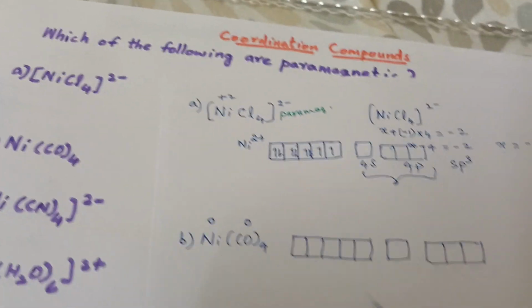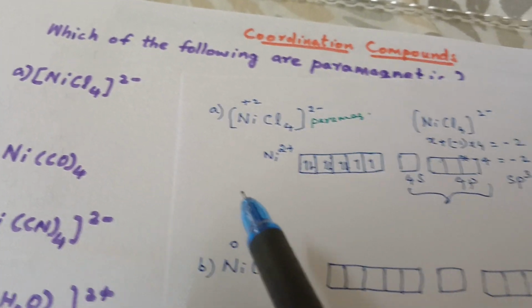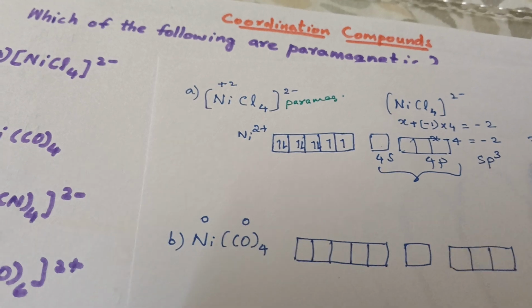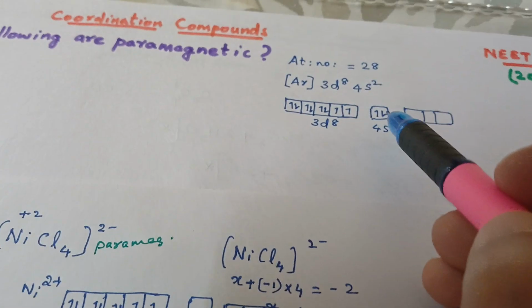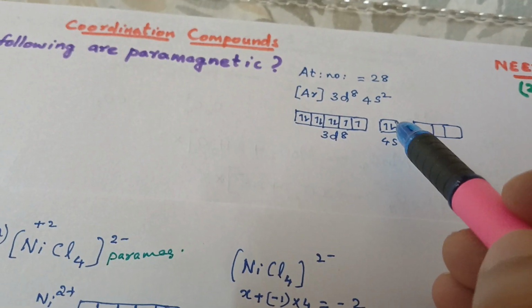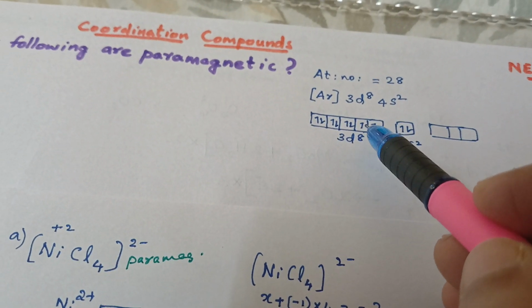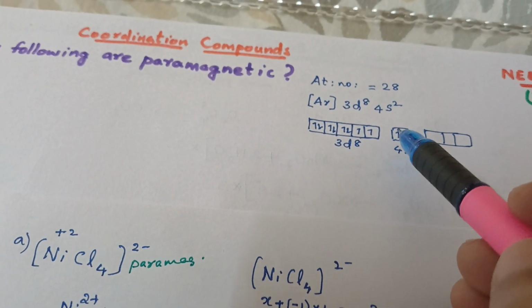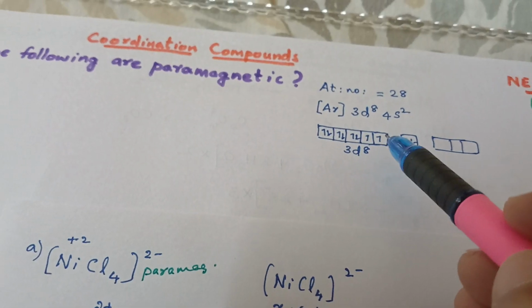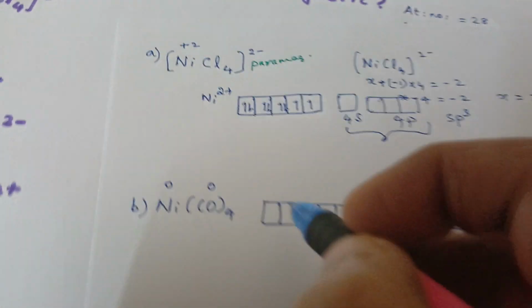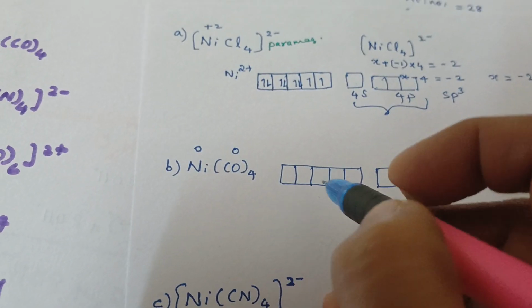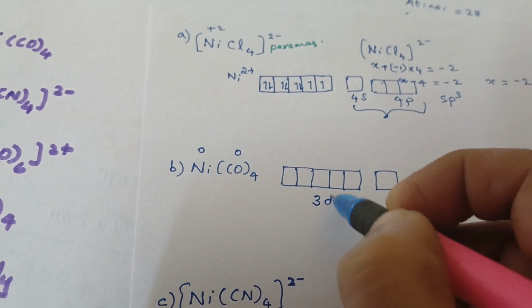4 carbonyl ligands are coming. When the carbonyl ligands come, they are strong field ligands. They will make these 4s electrons go to the 3d, that is, they will make these electrons pair up. That will mean it will have a fully occupied 3d orbital.